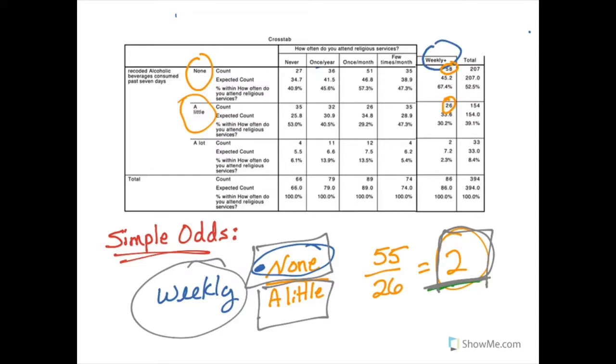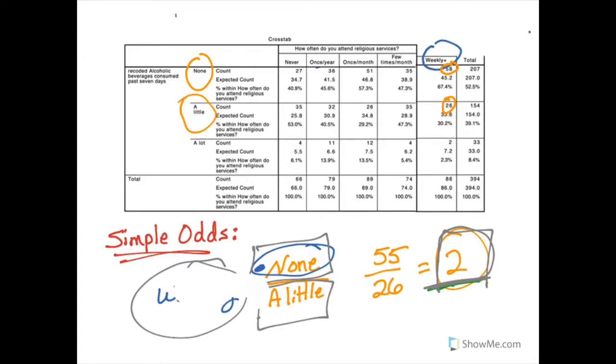So let me interpret it again. Take your odds. You are twice as likely to be in the top category versus the bottom category for the attribute you selected of the independent variable.